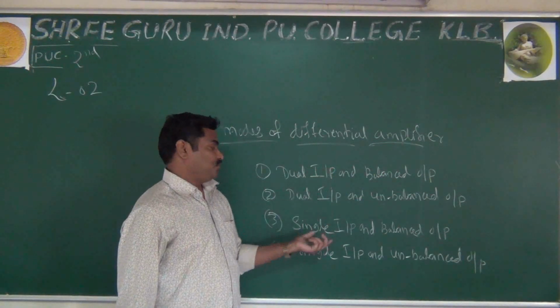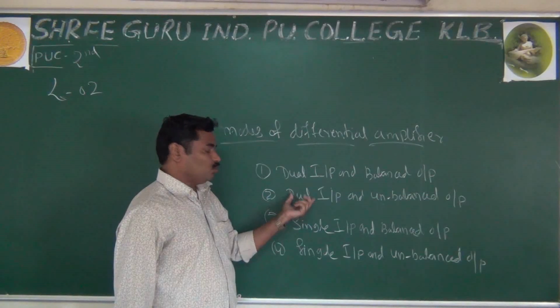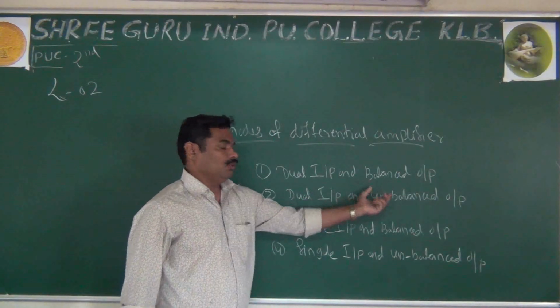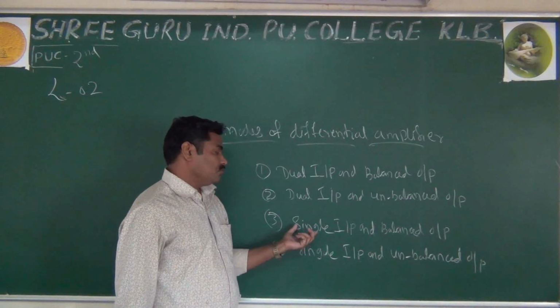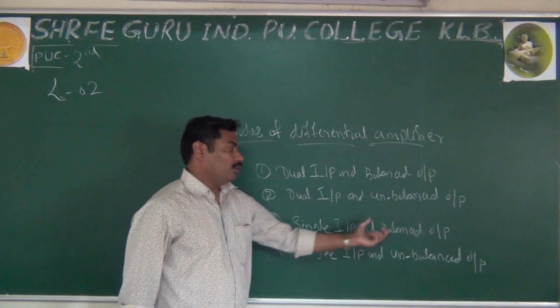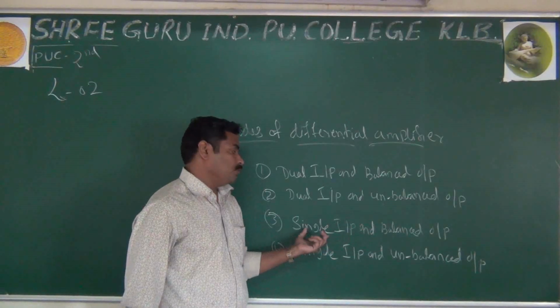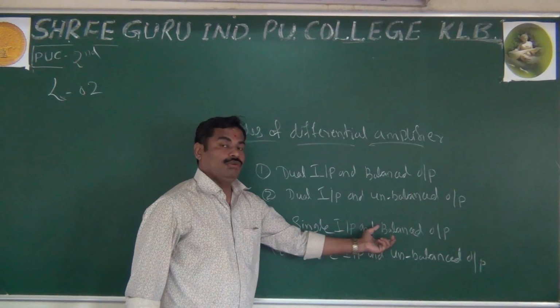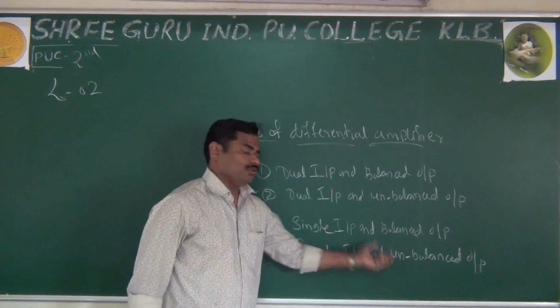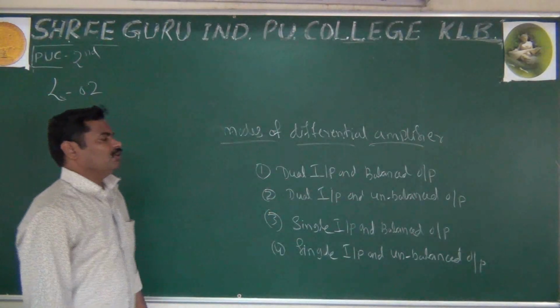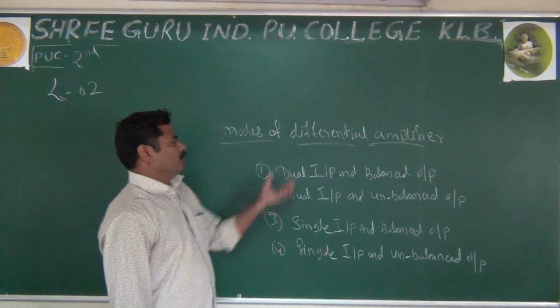In the second case, you have two inputs but only one output. That is also one type of differential amplifier. And the third one, single input and balanced output, means single input and dual output. And the fourth, single input and single output. These are the important types of differential amplifier.